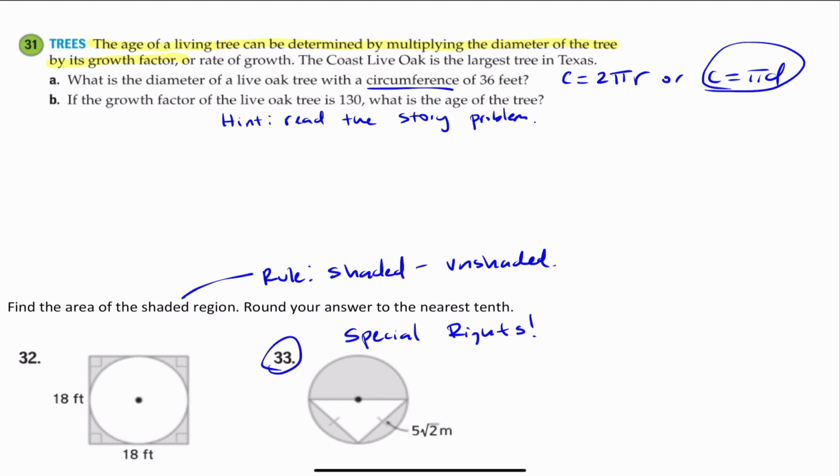Once you have figured out the diameter, then you're going to answer B. If the growth factor of the live oak tree is 130, what is the age of the tree? Well, all you're going to be doing is just reading the word problem again to answer that question, and that's my hint.